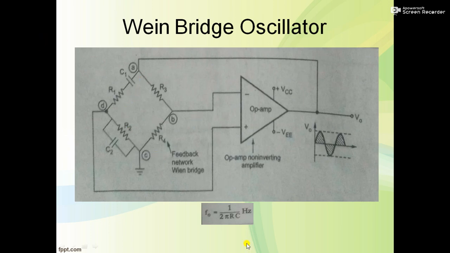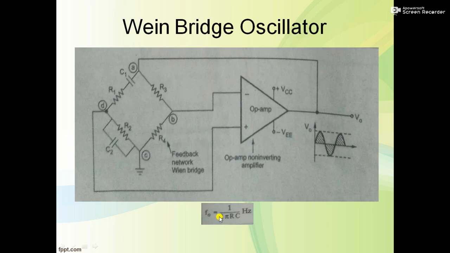That frequency is calculated with this equation: F0 is equal to 1 upon 2 pi RC. Then how do we get R and C here? Practically, whatever R1, R2, R3, R4 we are using, if all resistances are equal and both capacitors are of equal value, we finally get F0 equal to 1 upon 2 pi RC.